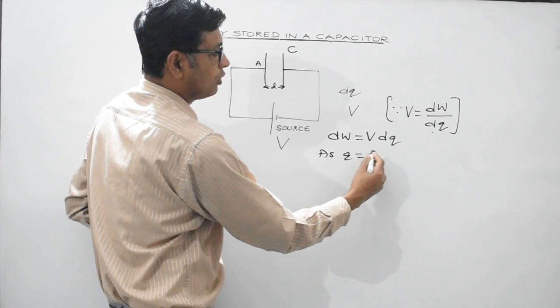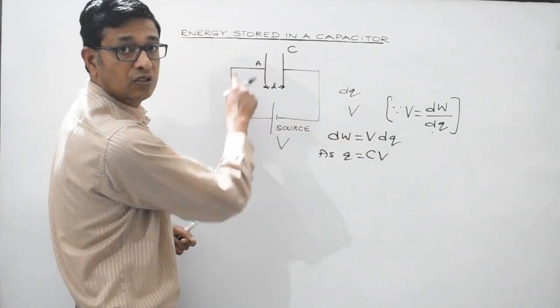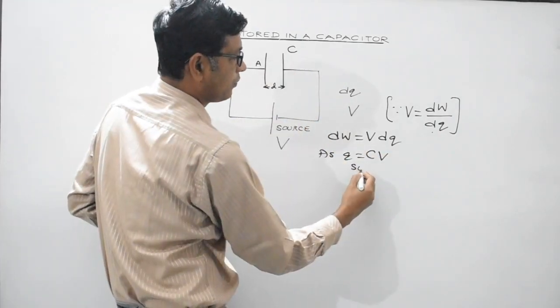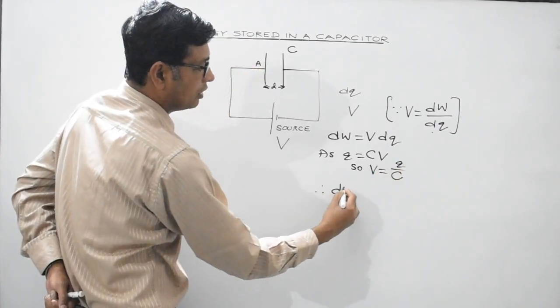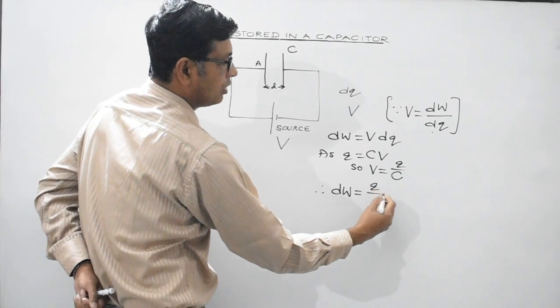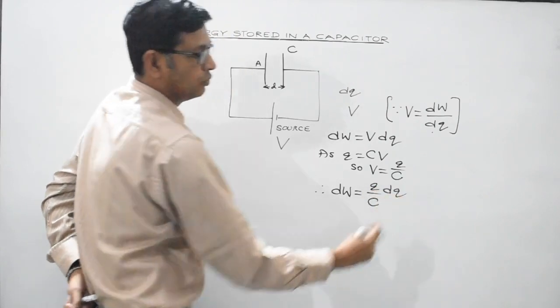As Q equals CV, where C is the capacitance of this capacitor, V can be written as Q by C. Therefore, dW is equal to Q by C dQ.